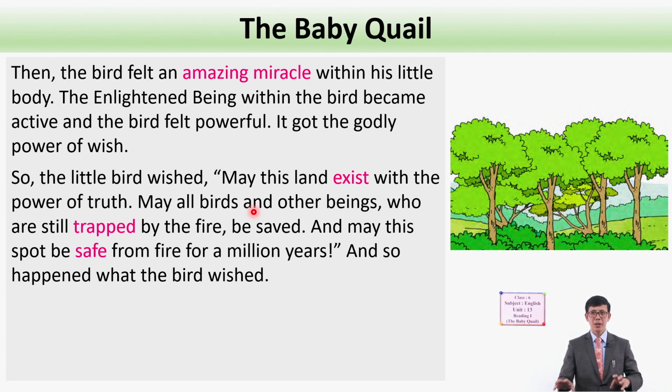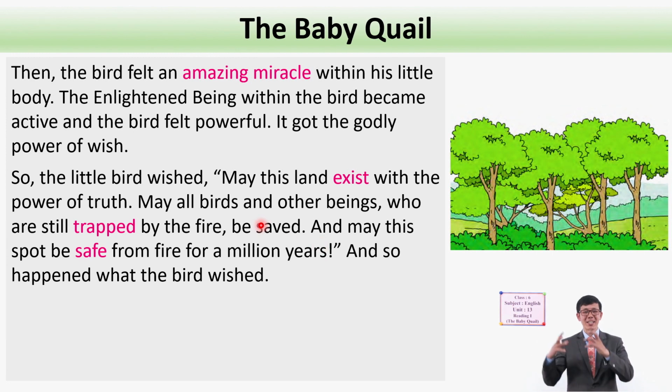It means he wished to have the same jungle he had earlier, what it used to be in the past. So he wished to have the green jungle, the greenery jungle as it used to be in the past. And may all the birds and other beings who are still trapped by the fire be saved.